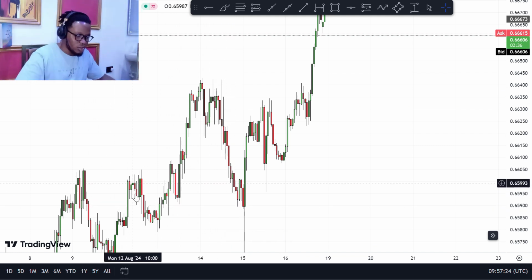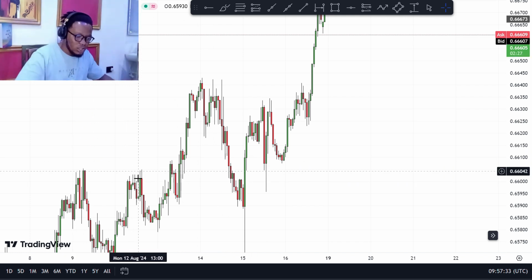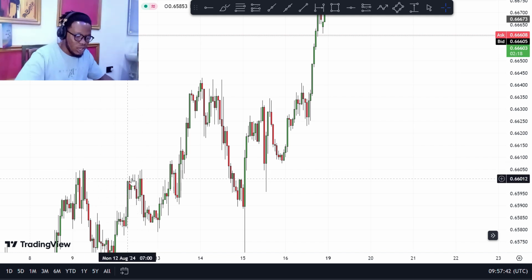Remember, until price breaks past the last high, it's not yet a high. Okay, I won't consider this, or you won't consider this as a high, because price hasn't broken past this last high. So this is not considered as a high.